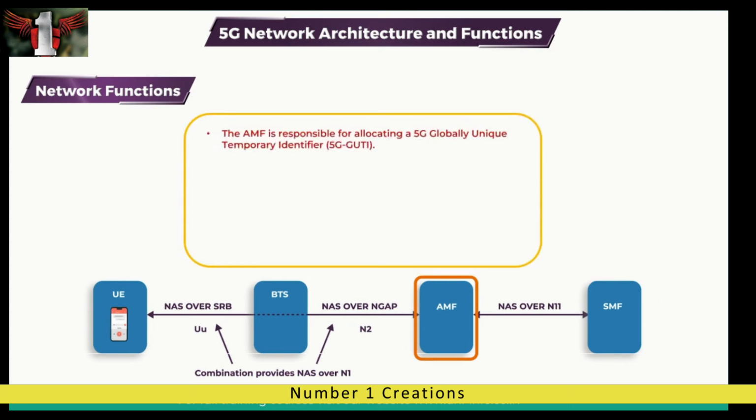The AMF is responsible for allocating a 5G globally unique temporary identifier, which is a concatenation of the globally unique AMF identifier and the 5G temporary mobile subscription identifier, 5G TMSI.